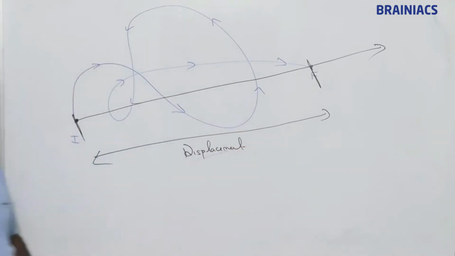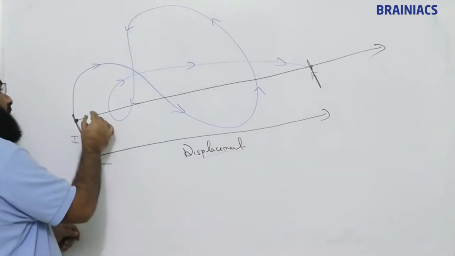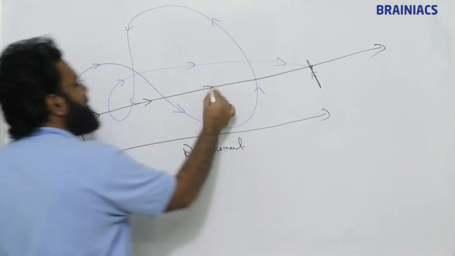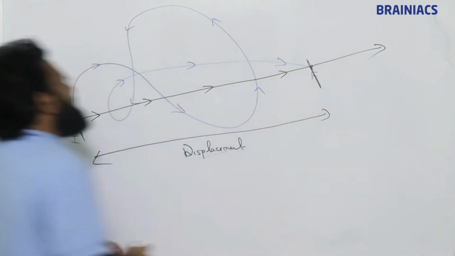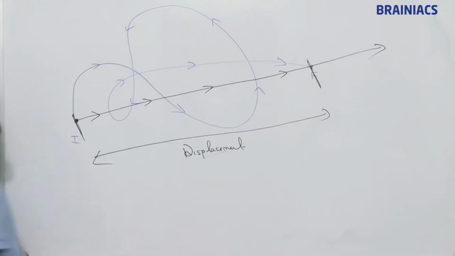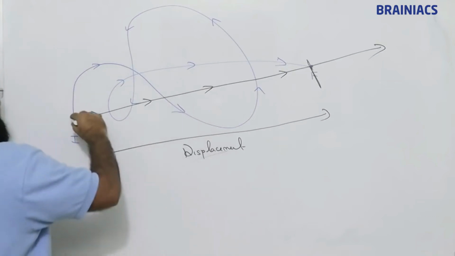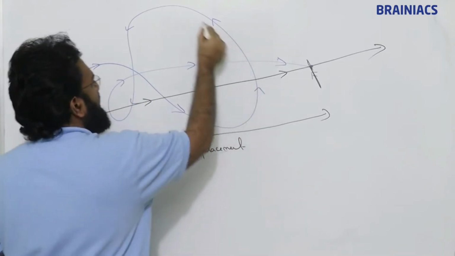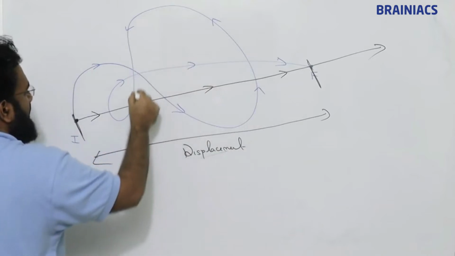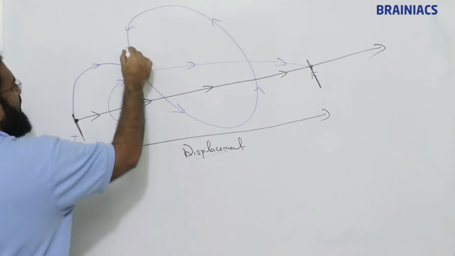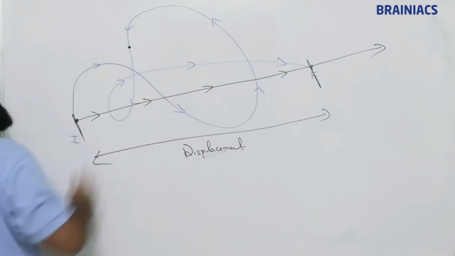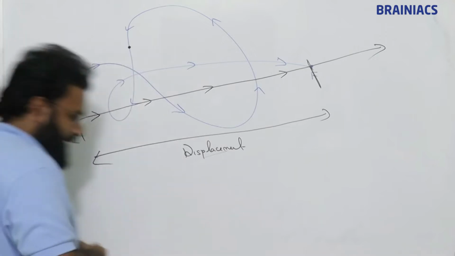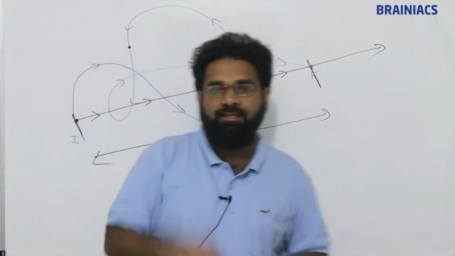What is the direction of displacement? Direction of displacement is this, very clear. Suppose this is coming like this. Here someone asks what is the direction of displacement at that instant.